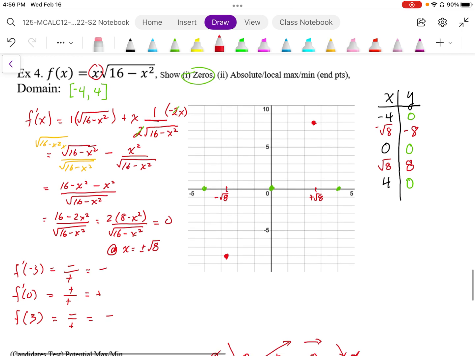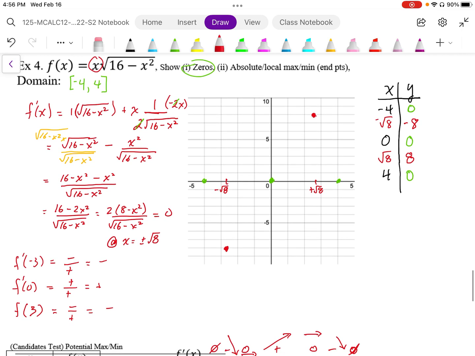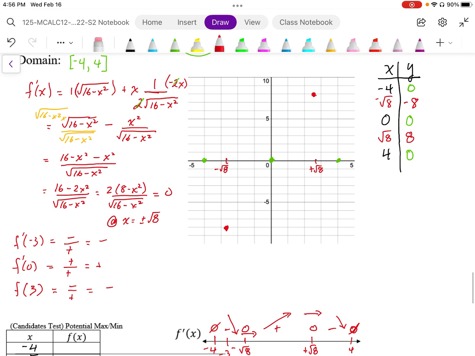Okay, so that's really all I need for my graph. I could pretty much graph this at this point. Okay, so I can sketch in my graph. I've got my slopes. Okay, so I'm going to sketch it in. There's my local min. It's going to go through the 0 here, go up through my local max, and come down.